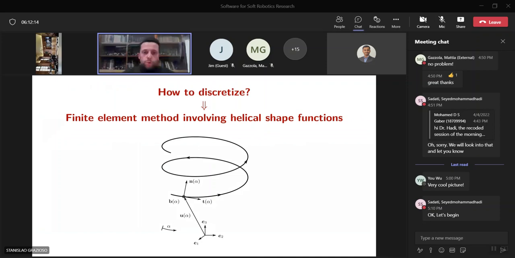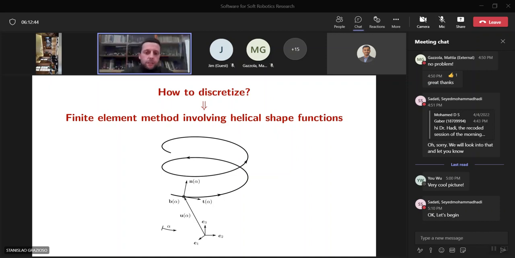We have to discretize the continuum equations, and in this case we use a finite element method, which involves helical shape functions. For each element in which we divide our manipulator, we have one start node, one end node, plus analytical shape functions which interpolate the two nodes.